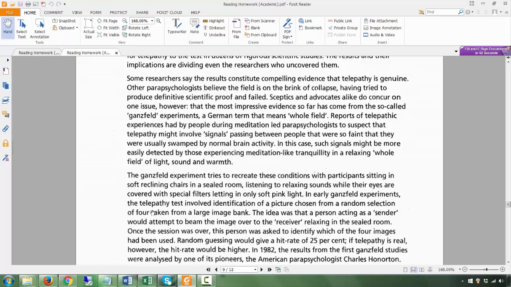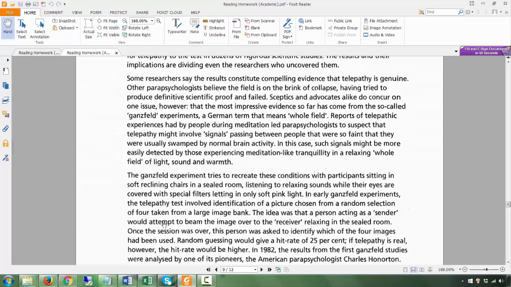In early Ganzfeld experiments, the telepathy test involved identification of a picture chosen from a random selection of 4. So you could put a picture from 4.